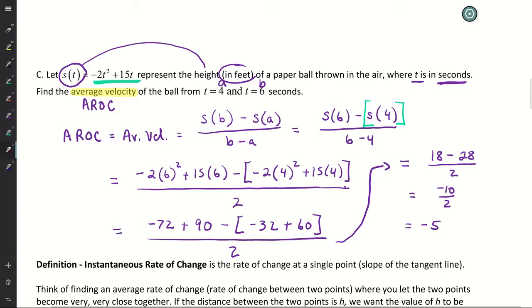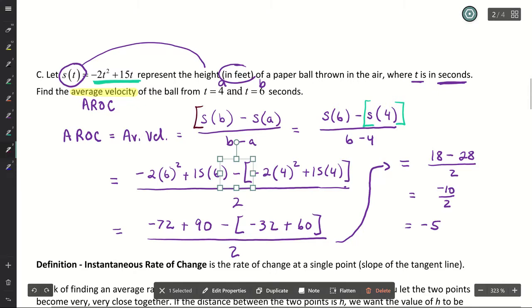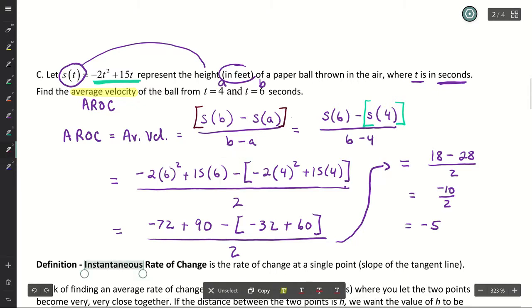Since they're functions evaluated at particular values, and the function represents height in feet, the units on the top would be feet. And then in the bottom, we subtracted b minus a, which were seconds.